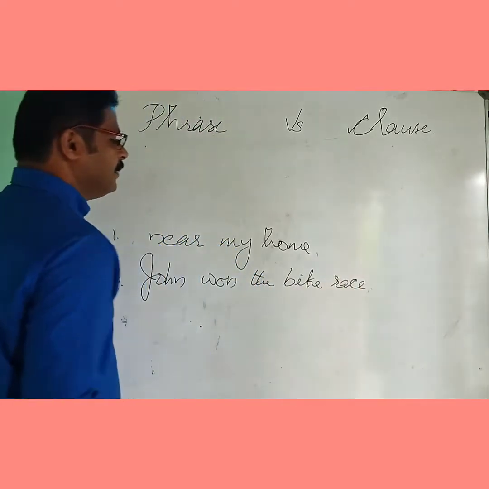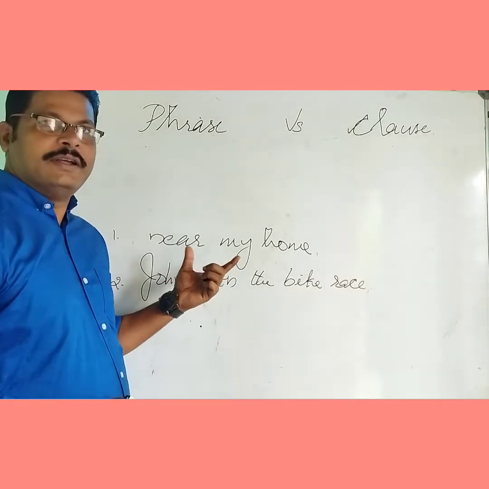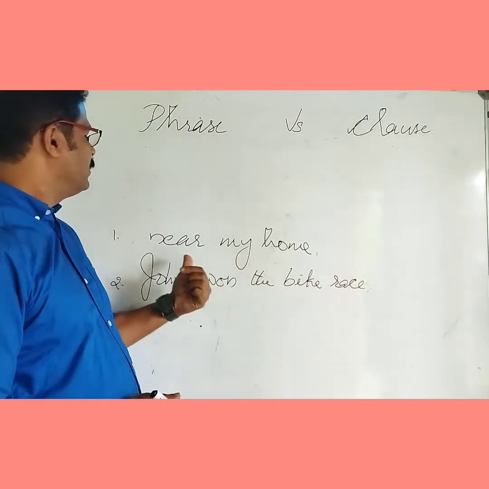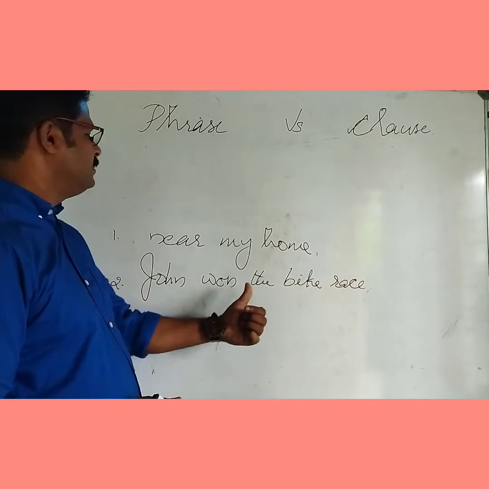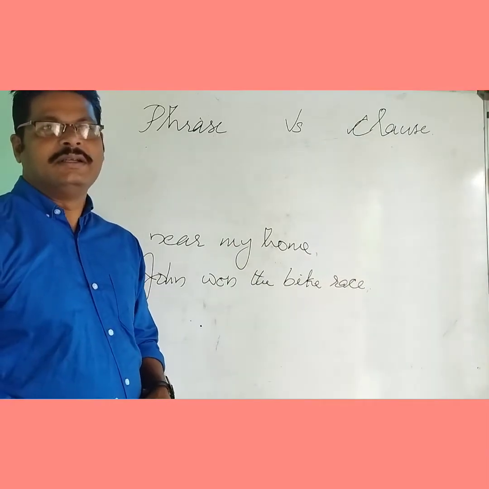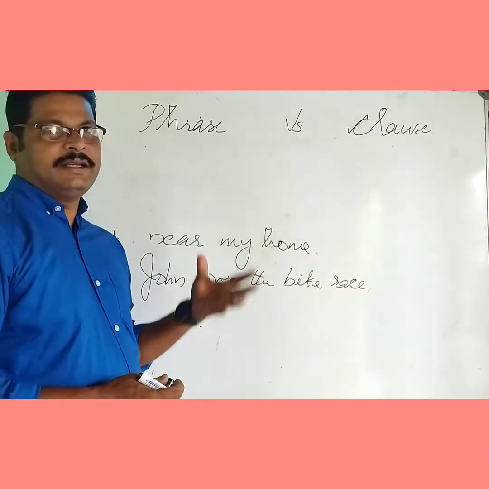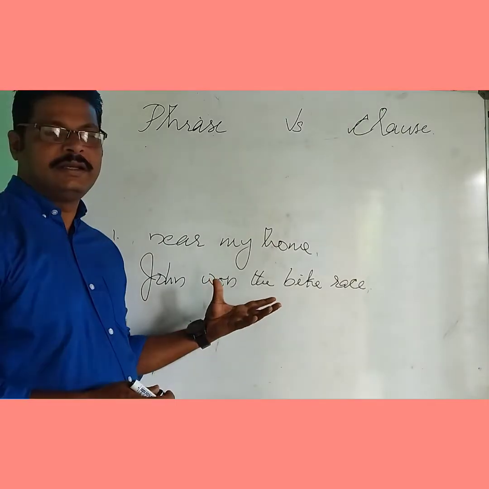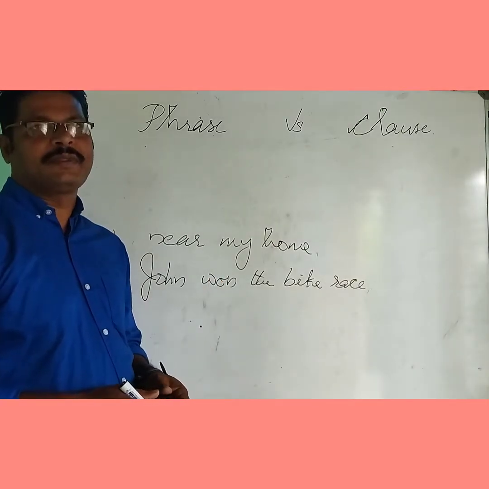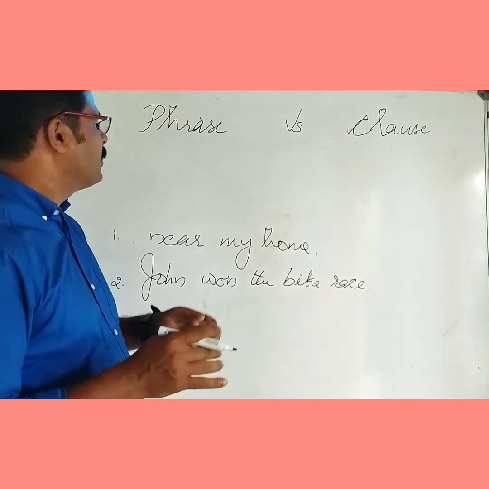So here you find two sets of words. One is near my home. The other one is John won the bike race. Here, one is a phrase, the other one is a clause. So let us see what a phrase is.